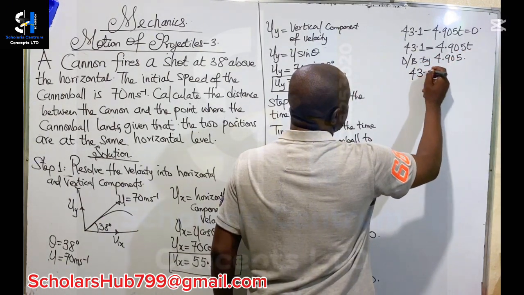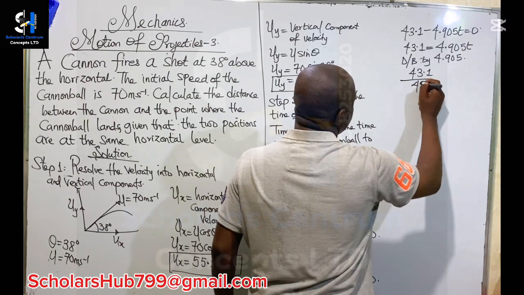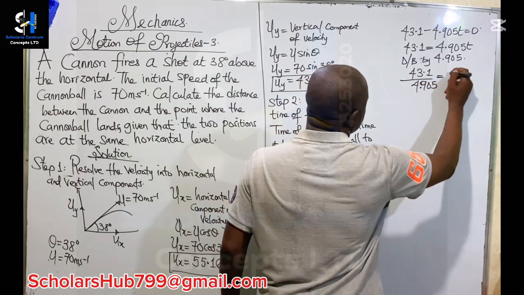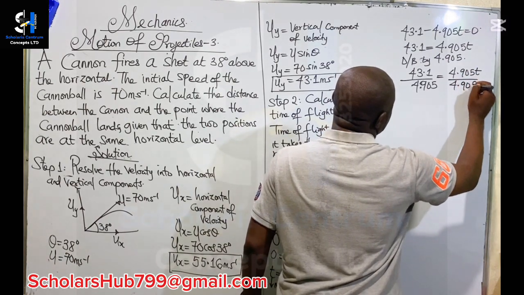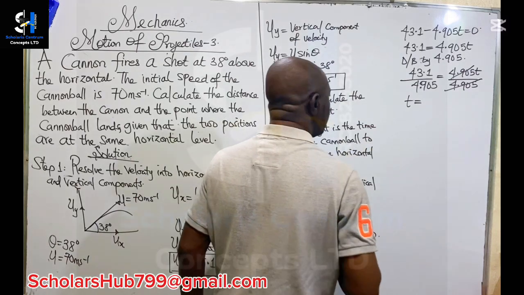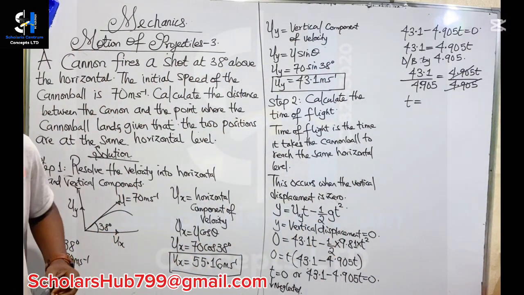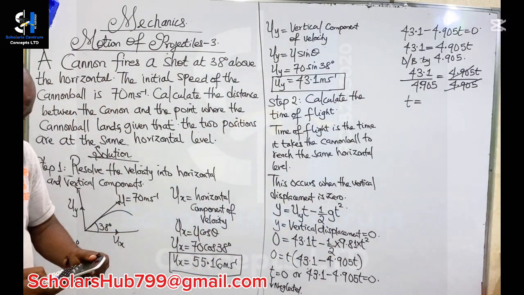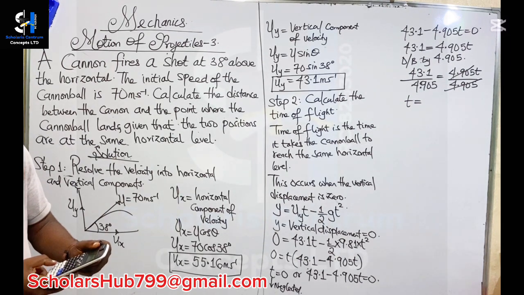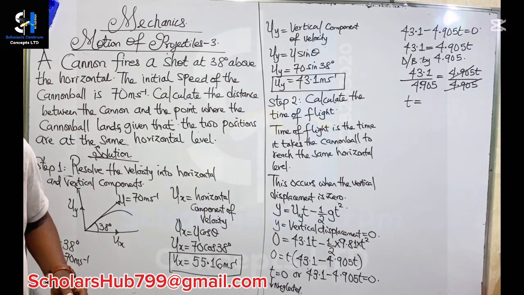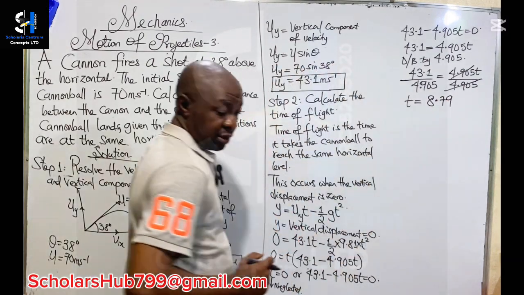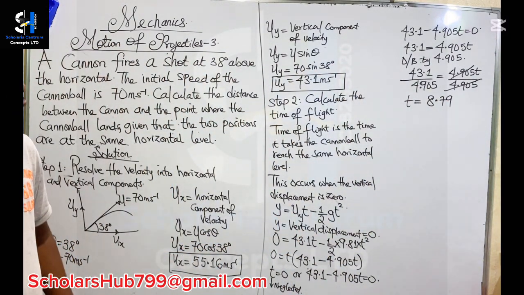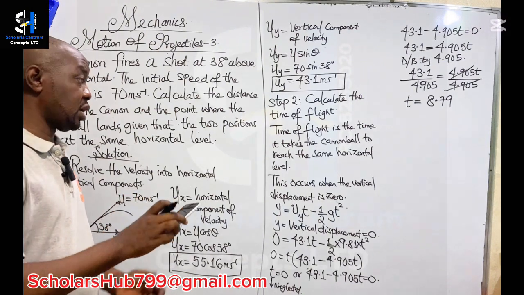So the value of t, which is the time of flight, is 43.1 divided by 4.905.